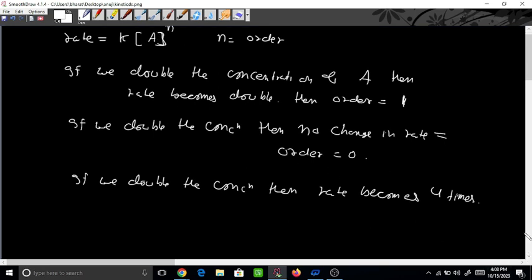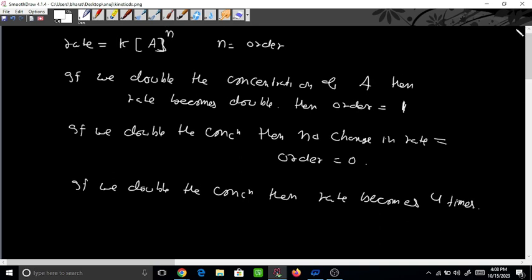What will be the power? Would it be 1 or 2? No, 1 itself. If we double, then rate is becoming 4. Okay, so 4 means we double means 2 a square. 2 square is 4, then n will be 2. Okay. Got it? Then order is equal to 2.